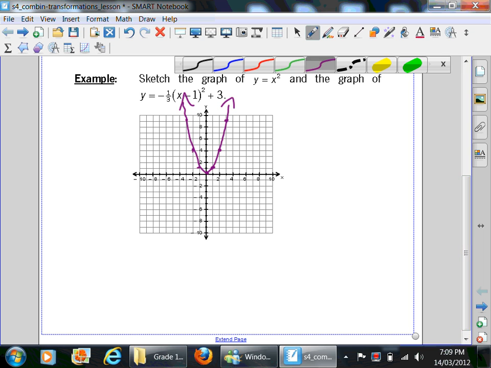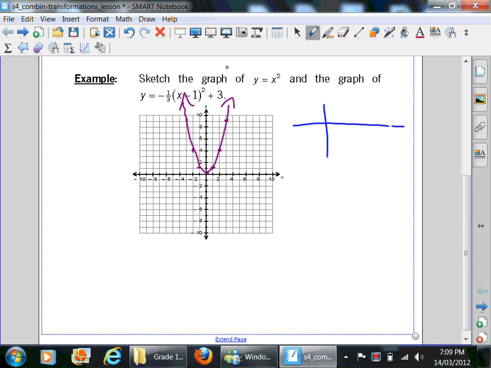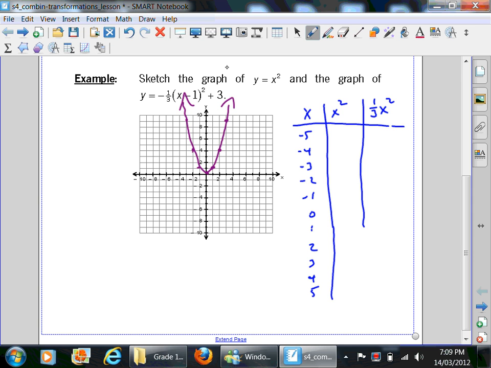So here's x squared, and here's 1/3 x squared. And really, we should probably go to, I don't know, probably about 5. So we'll go to negative 5, negative 4, negative 3, negative 2, negative 1, 0, 1, 2, 3, 4, 5. And x squared is, of course, 25, 16, 9, 4, 1, 0, 1, 4, 9, 16, 25.